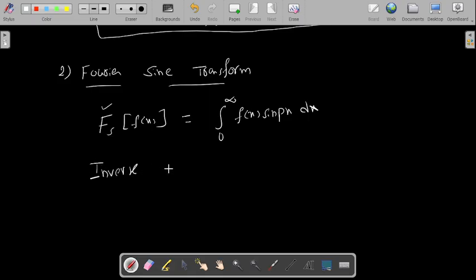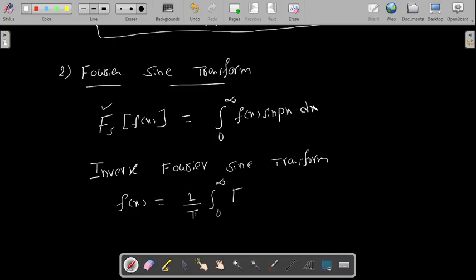So whenever you learn the Fourier transform, its inverse also you have to know. So the inverse Fourier sine transform. The formula: f of x equal to 2 by pi integral 0 to infinity of F S of p sin px dp, whatever answer F S of p you got.